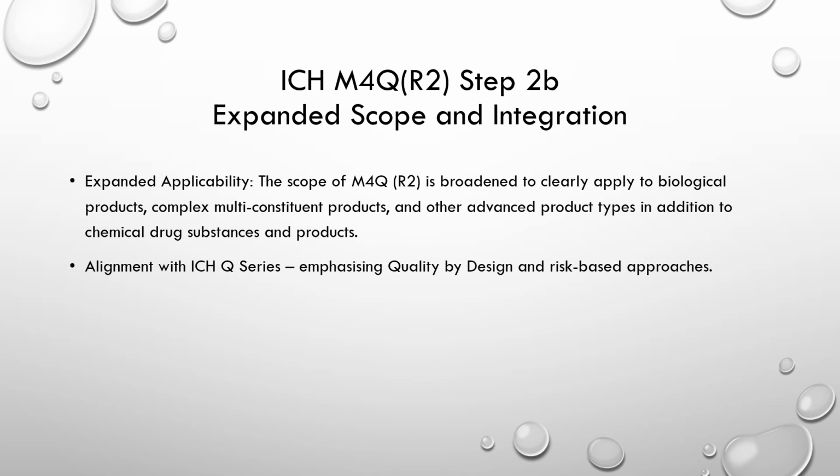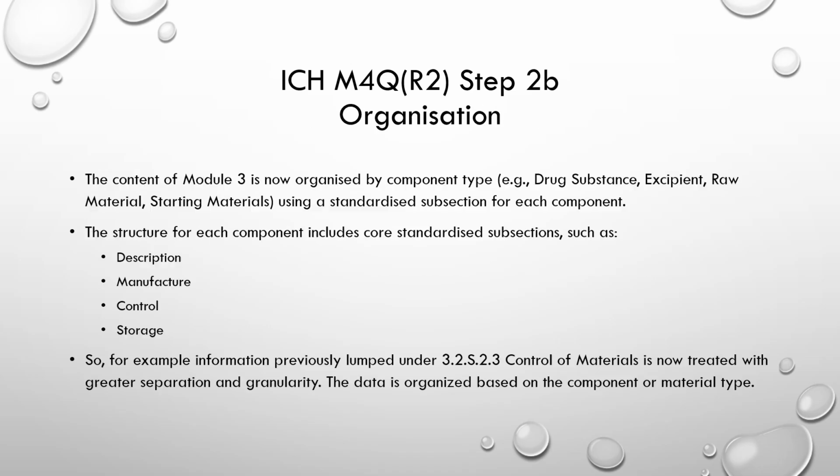You've got a specific section dedicated to the complex information required for advanced therapy medicinal products, as well as for chemical entities. And as I said, it's aligning with the ICH Q series, and the emphasis of quality by design has been incorporated in this dossier, and the presentation of information therein.